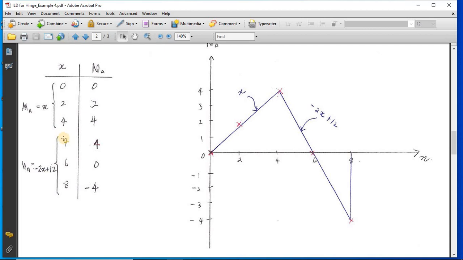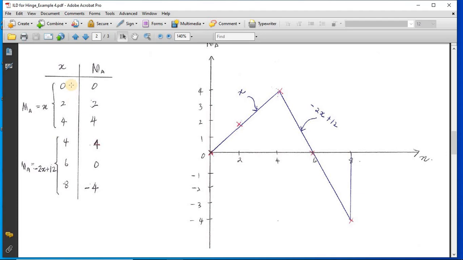If you recall, this is from the first set of the procedure, and this is from the second set. Basically, this is from the case where we applied the one unit load before the hinge, and this is obtained by considering the one unit load applied after the hinge.